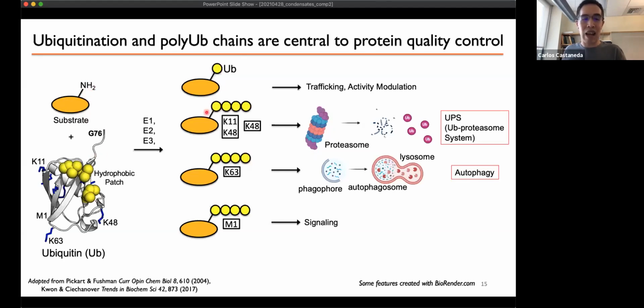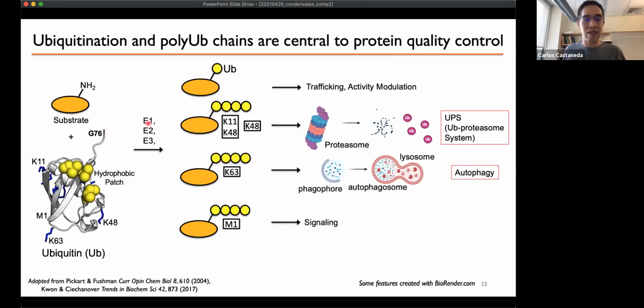But the other thing that can happen is that these ubiquitins can also form a ubiquitin chain on these substrates. So for example, you could have a chain called K63, and it's called that because the amine on the K63 side chain of one ubiquitin can be covalently attached to the C terminus of another ubiquitin, making this longer and longer chain.